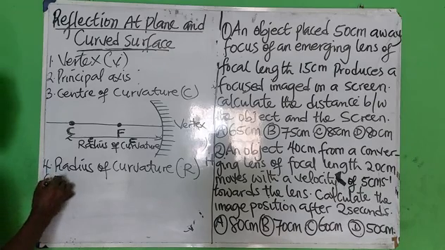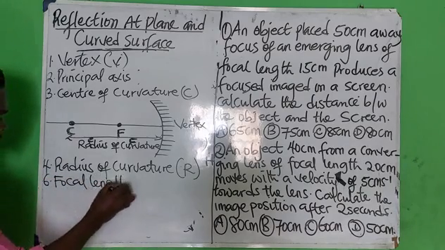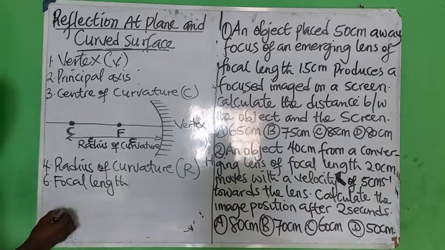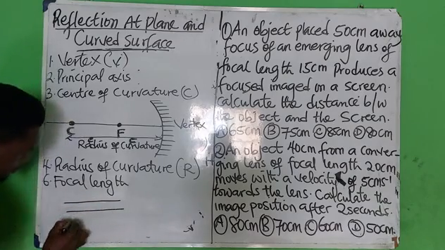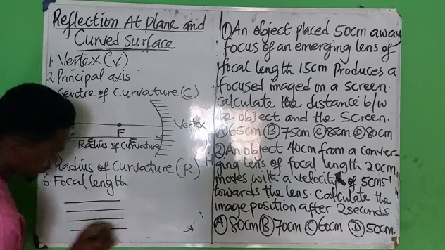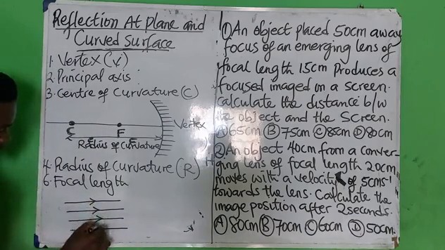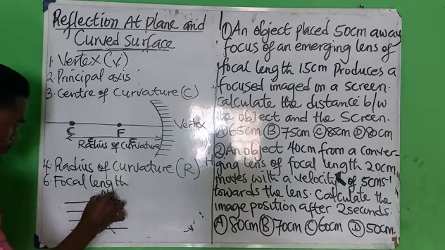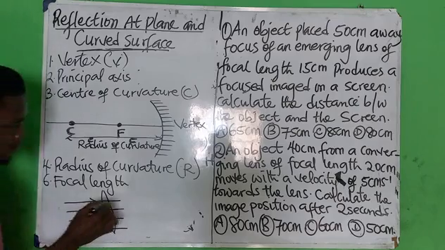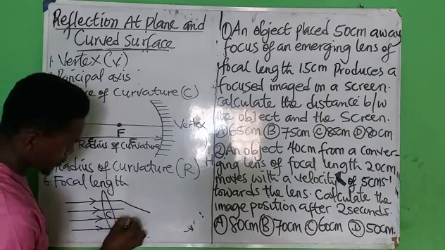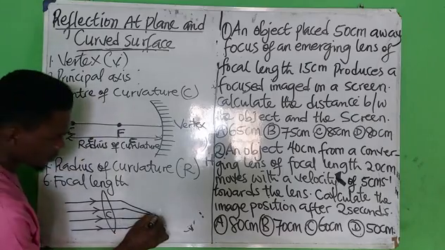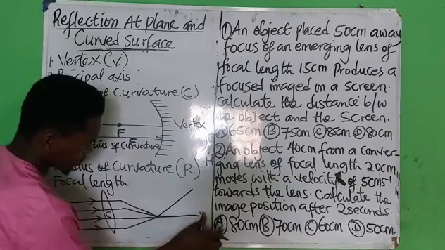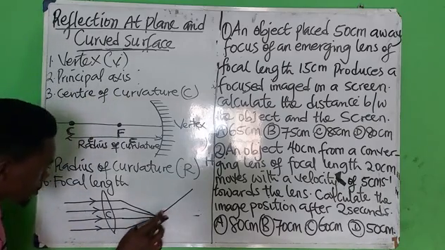Number six, we also have what is called the focal length. Let me illustrate something. Let me denote here as my point of curvature.